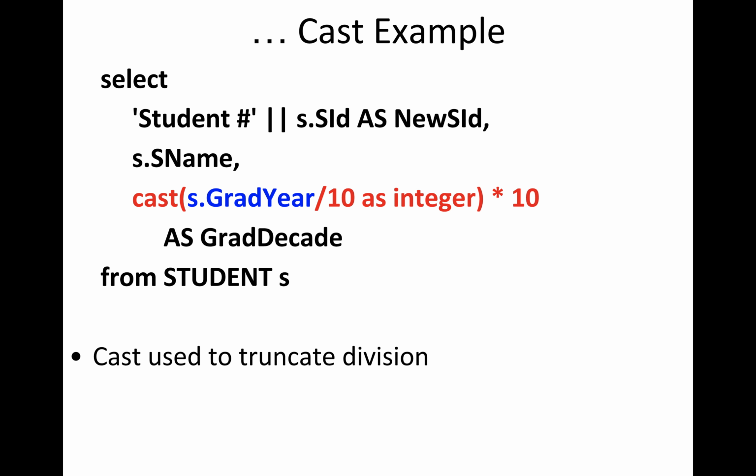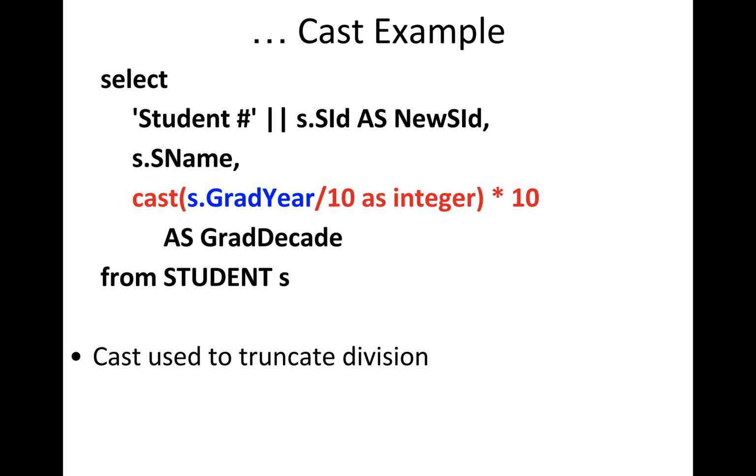We can calculate a couple of things here. We can use just arithmetic to divide the graduation year by 10, so we can calculate what decade you graduated. We first divide by 10 to remove some accuracy, right?